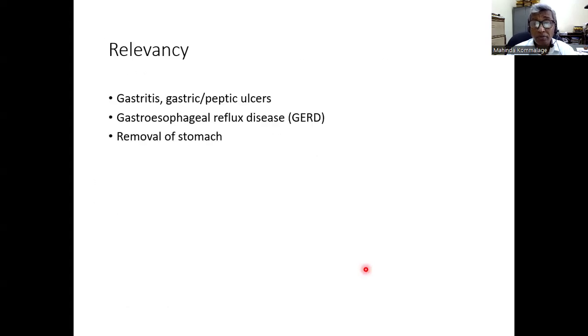So the relevance of stomach or gastric physiology, I would say, is huge, especially gastritis. Gastritis is very common. I'm sure a considerable number of you had gastritis at least once in your life. Gastric peptic ulcers are common.